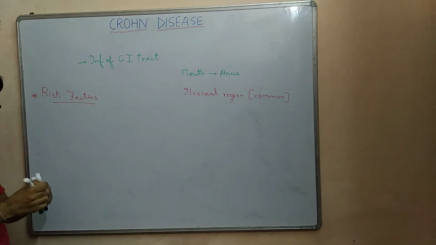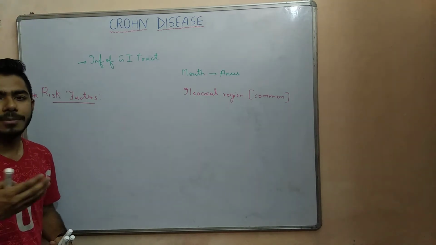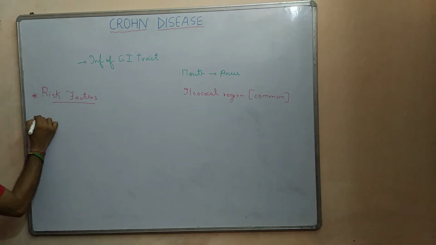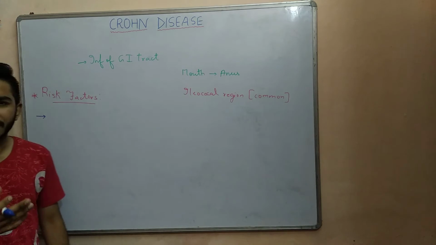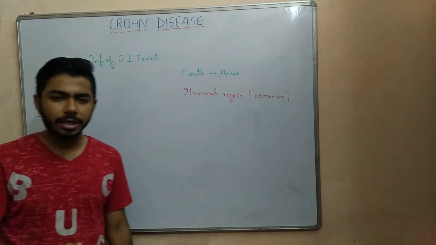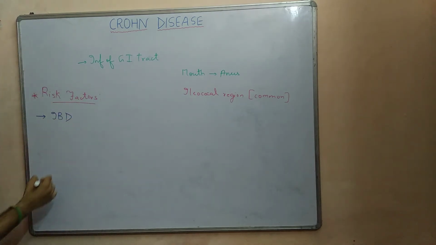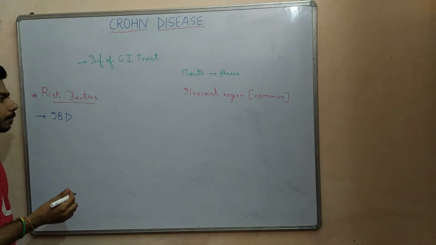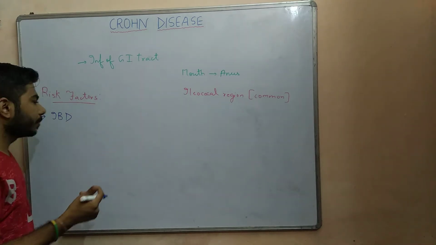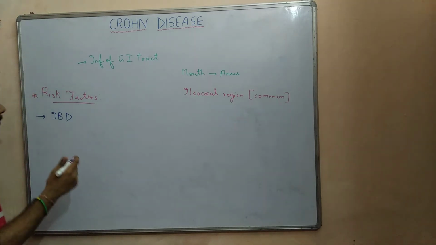Now the persons who have a positive family history of inflammatory bowel disease, if any family member has been suffering from IBD in the past, that person can be susceptible to having Crohn's disease. So IBD, the positive history in the family members.